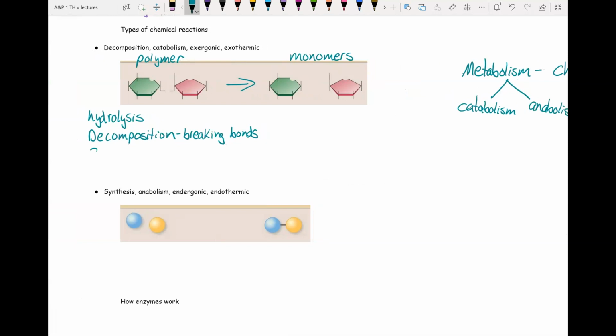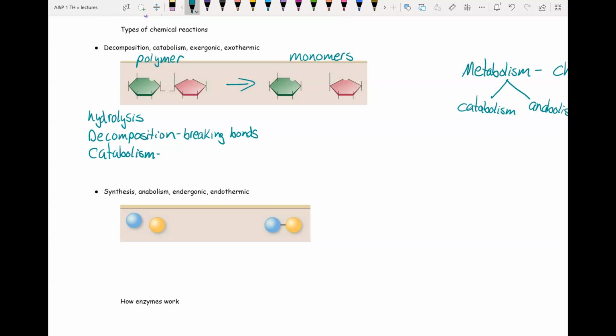So when we use the word catabolism, it again means breaking down. It's a type of decomposition, in the context of the body. Like we talk a lot about protein catabolism, meaning you're breaking down proteins to get amino acids.